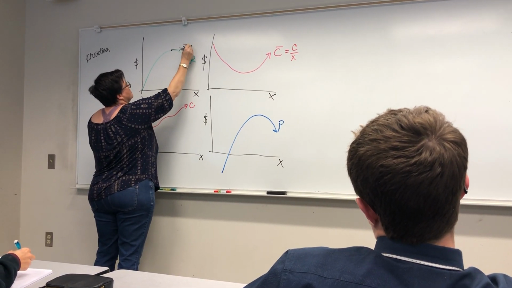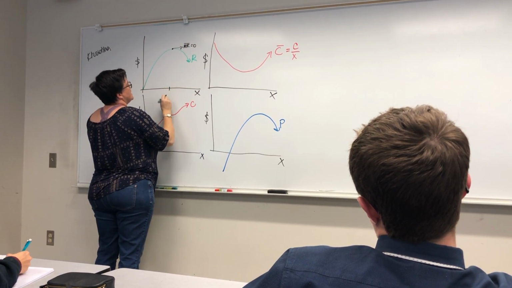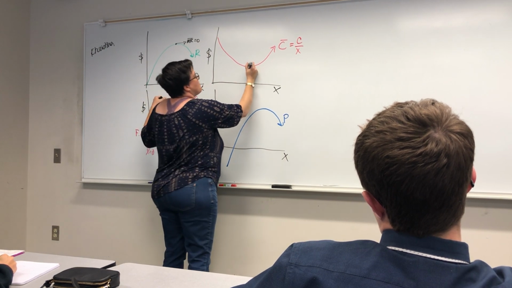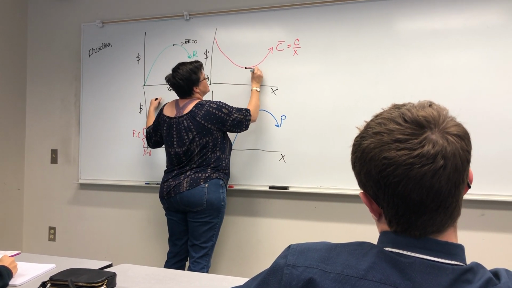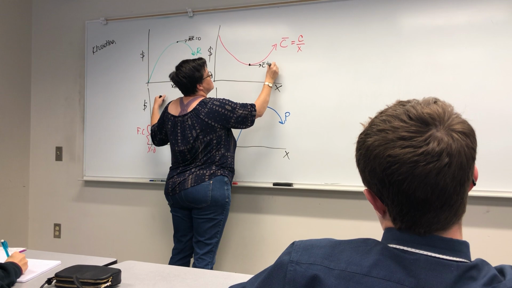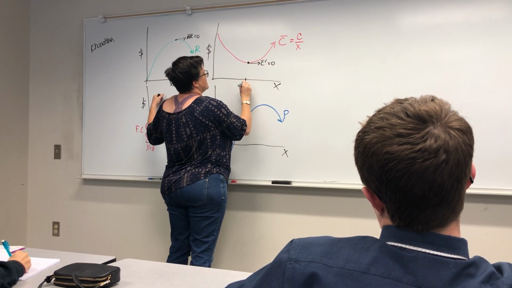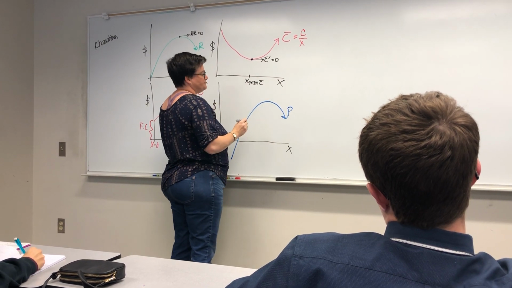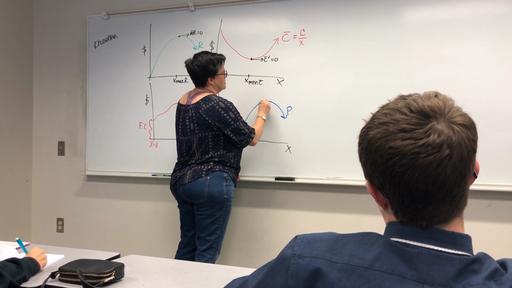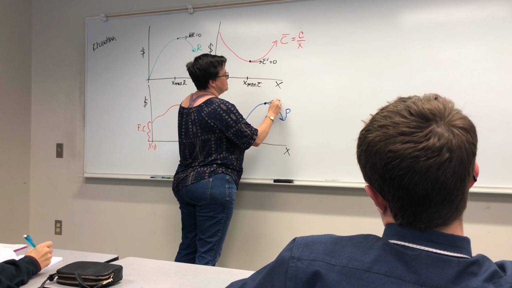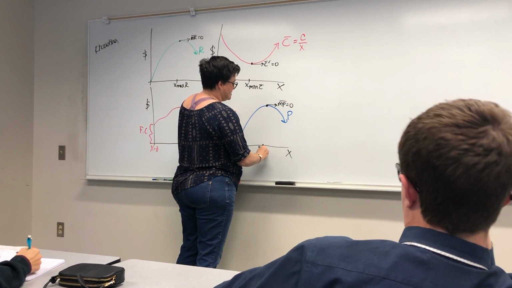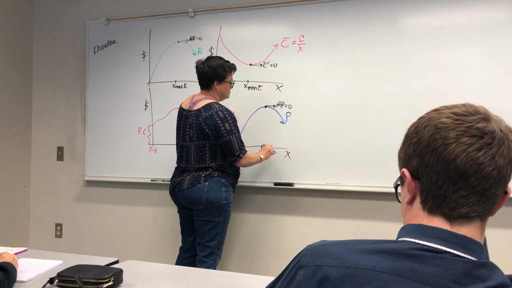Yes, because guess what, guys? Where marginal revenue equals 0, that's the X that gives us max revenue. Where the derivative of average cost equals 0, that's the X that minimizes average cost. Where the derivative of profit equals 0, that's the X that gives us max profit.